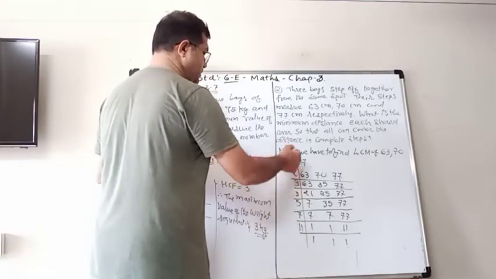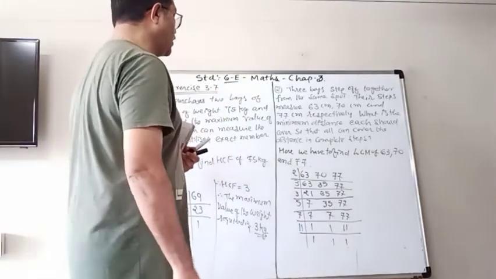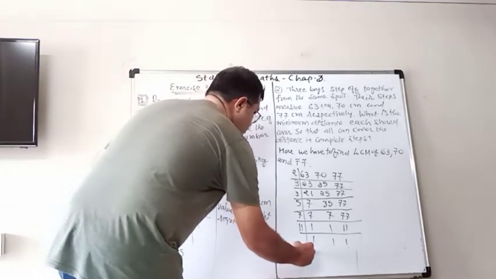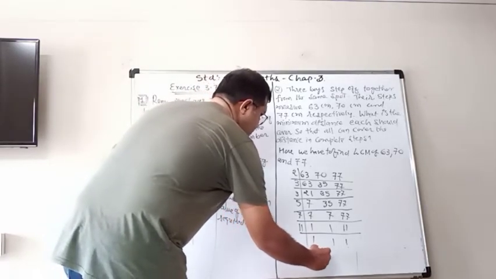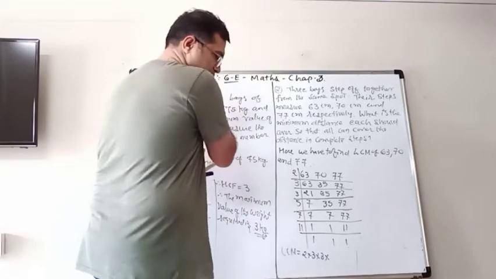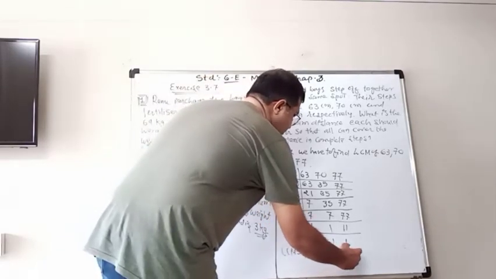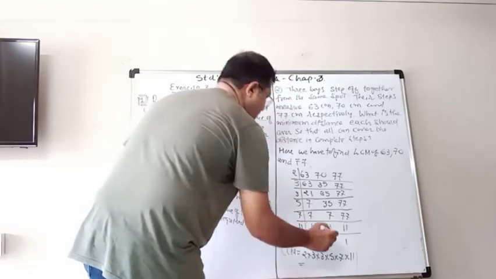So the LCM will be the multiplication of all these numbers. So LCM is equal to 2 multiplied by 3 multiplied by 3 multiplied by 5 multiplied by 7 multiplied by 11.